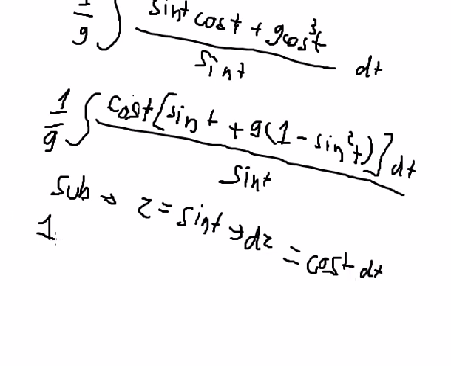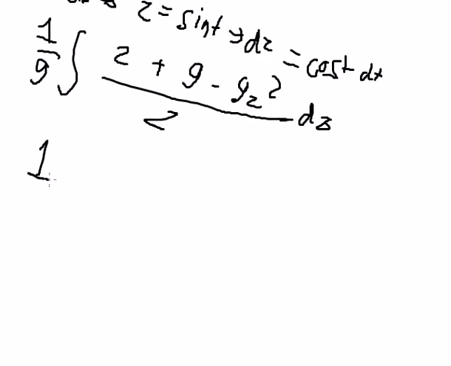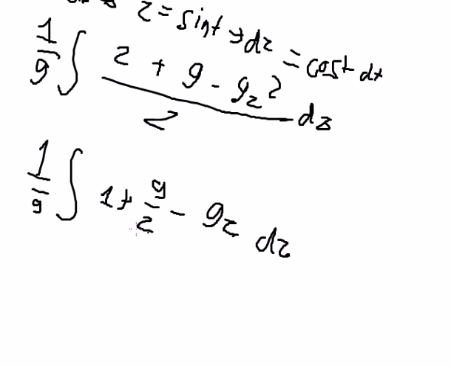So we got about the new one. 9 multiplied with number 1 and 9 multiplied with z square. And we got a final answer.